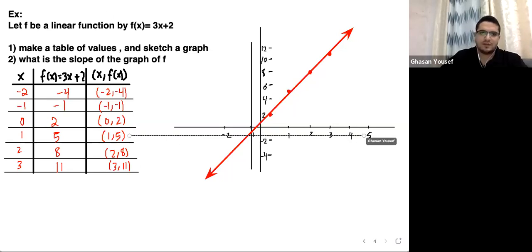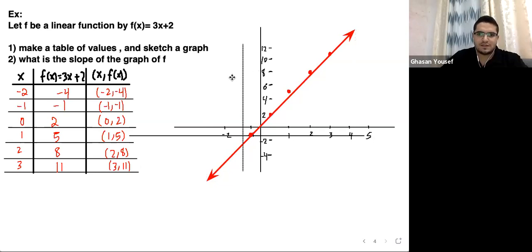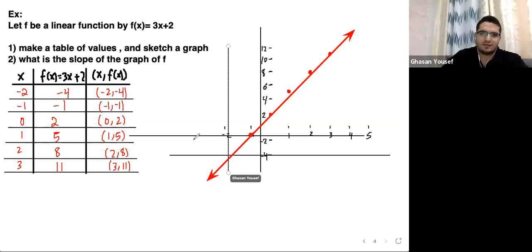So it's going to be around here. Now I have the point -2 and -4, and this is my -4. So this is the graph of this function.